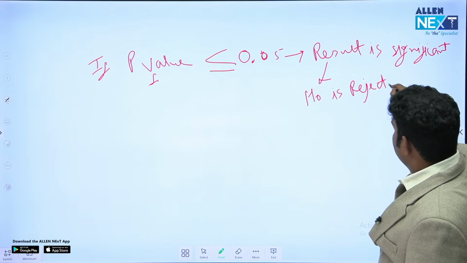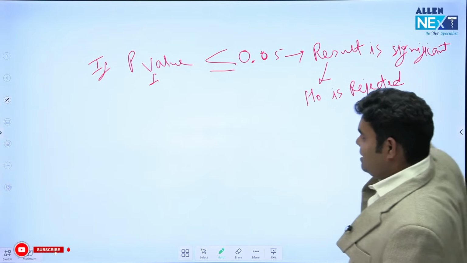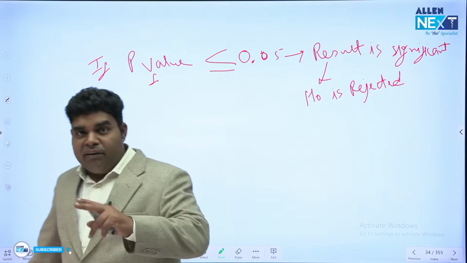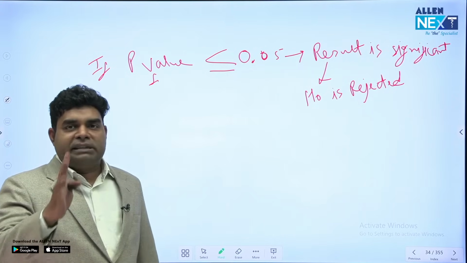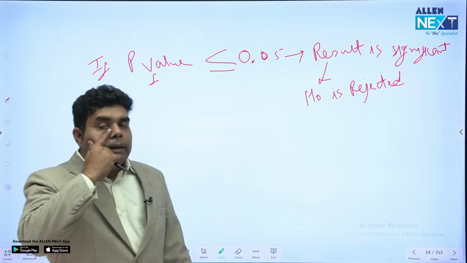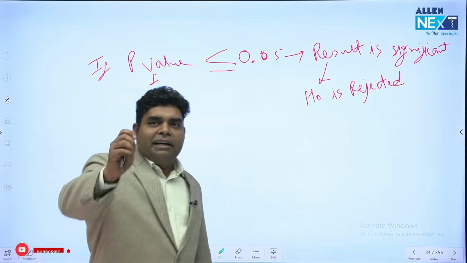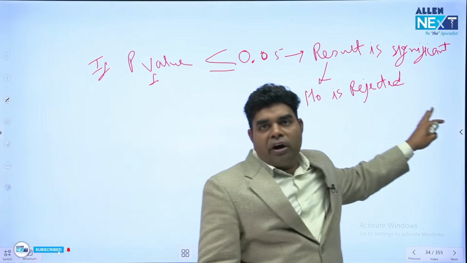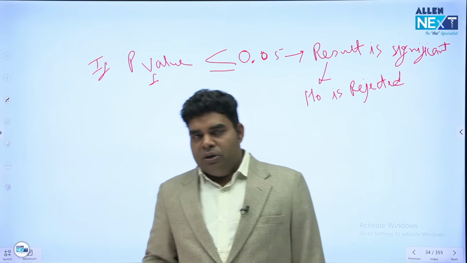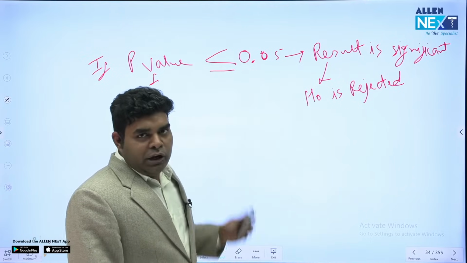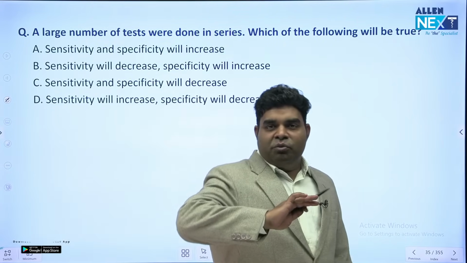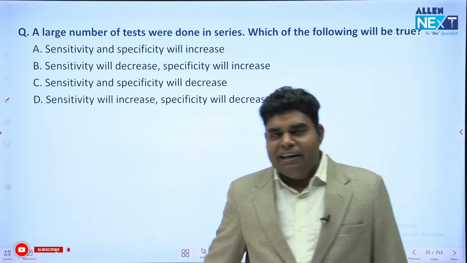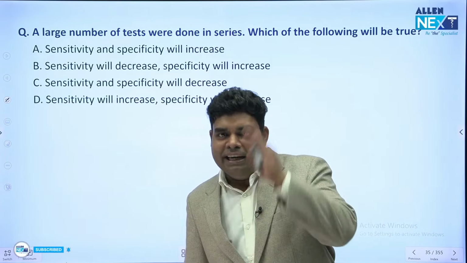Okay, do not forget this line, this is a very important line being asked in FMG exam 2 times. जब भी p वैल्यू 5% से कम या उसके बराबर होगा तो गलती इतनी कम हुई है कि एग्जाम रिजल्ट सिग्निफिकेंट होगा और नल हाइपोथेसिस रिजेक्ट होगा. ऑलवेज रिमेंबर, p वैल्यू लेस देन और इक्वल टू 0.05, null hypothesis which say that drug is useless is rejected and drug or study is significant.